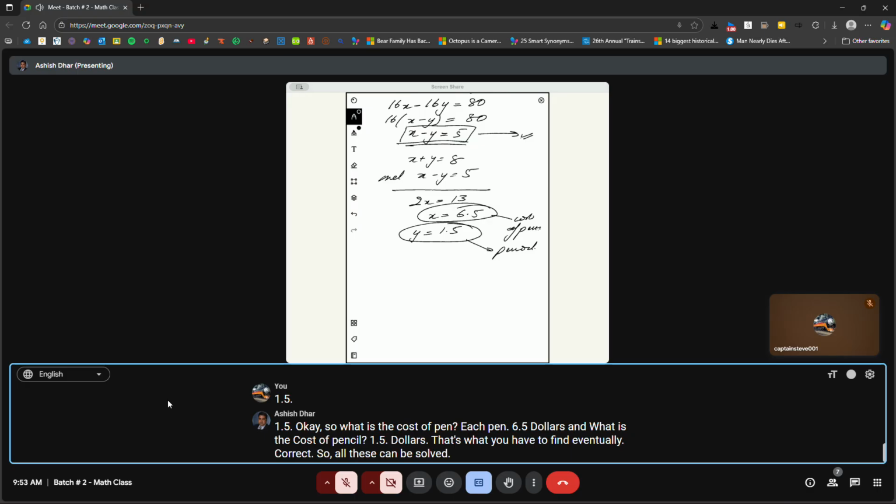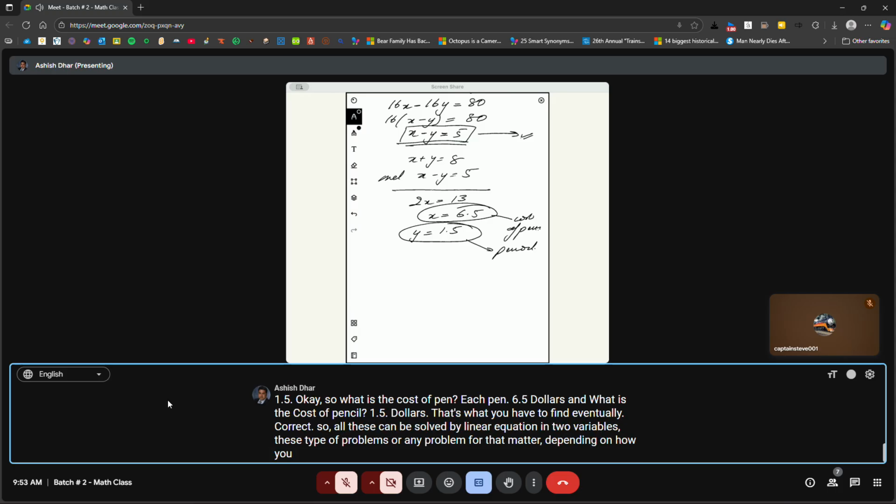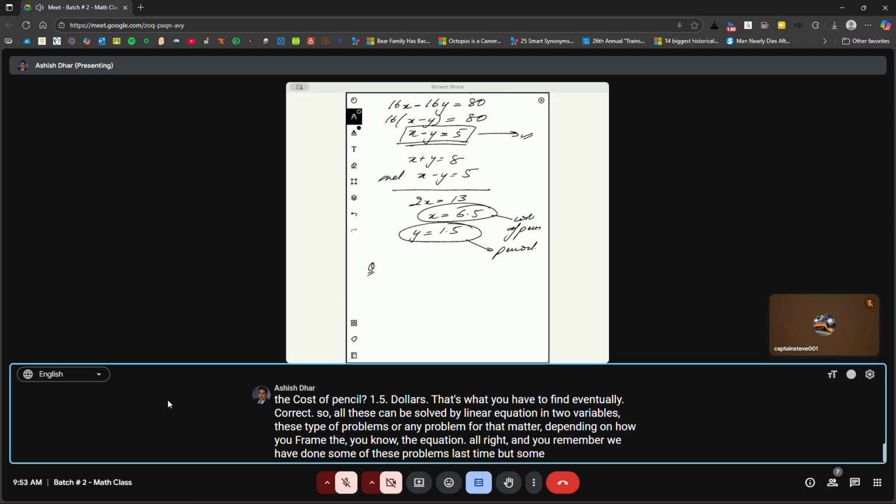So all these types of problems, or any problem for that matter, can be solved by linear equations in two variables, depending on how you frame the equation. All right. And you remember we have done some of these problems last time, but some problems can be solved with one variable also. Some you may need two variable introduction.